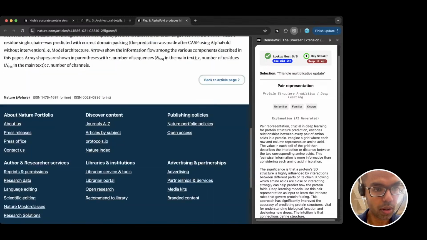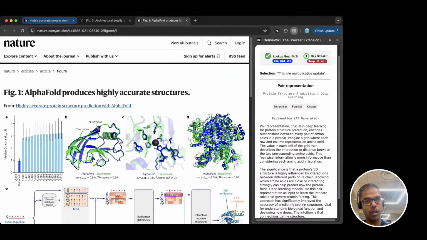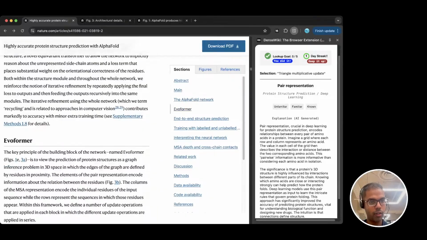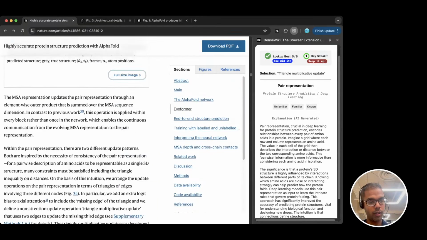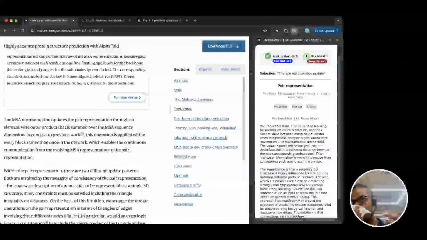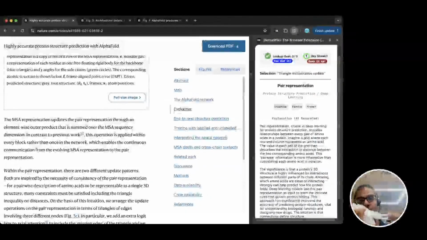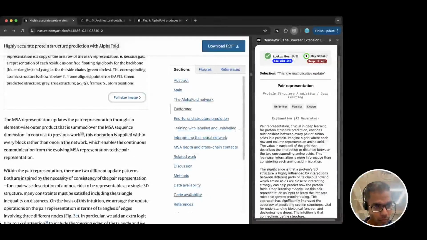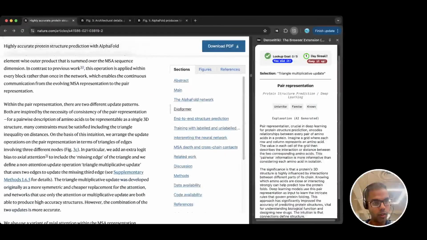So I guess it makes sense that the MSA improves the evolving MSA representation.